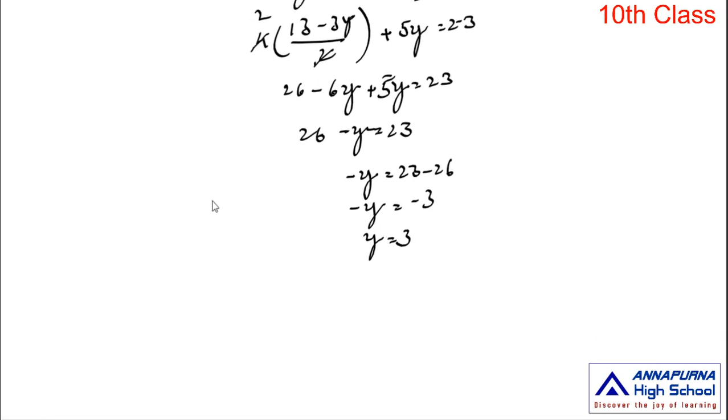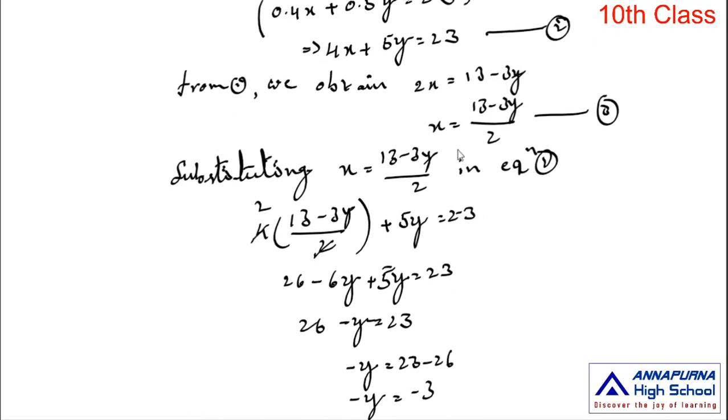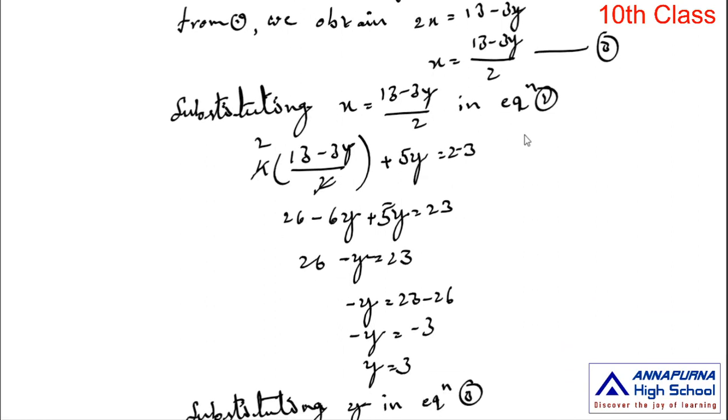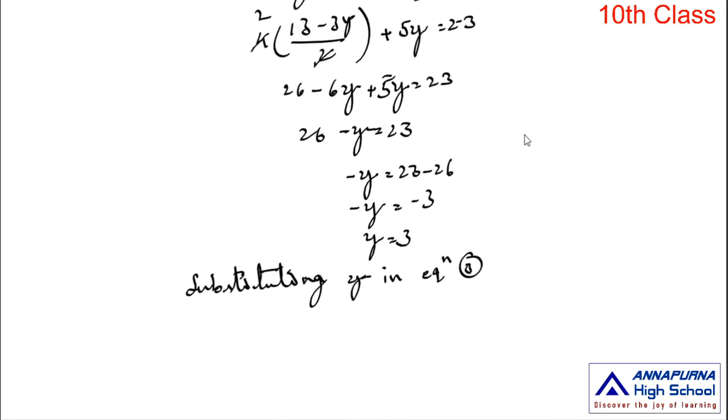Next, substituting y in equation 3. So when I substitute this y in equation 3, here the third equation is x is equal to (13 minus 3y) by 2. So x is equal to 13 minus 3 into 3 by 2.